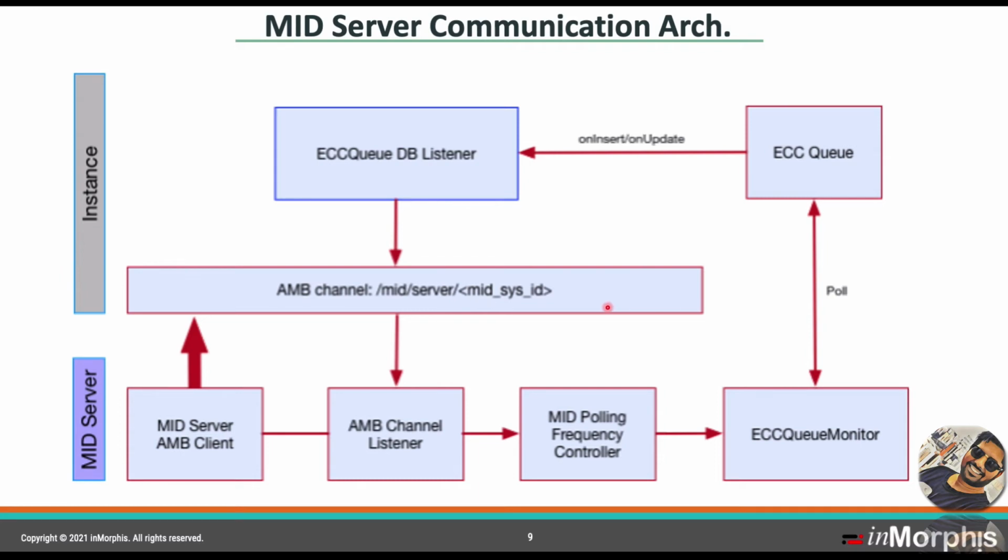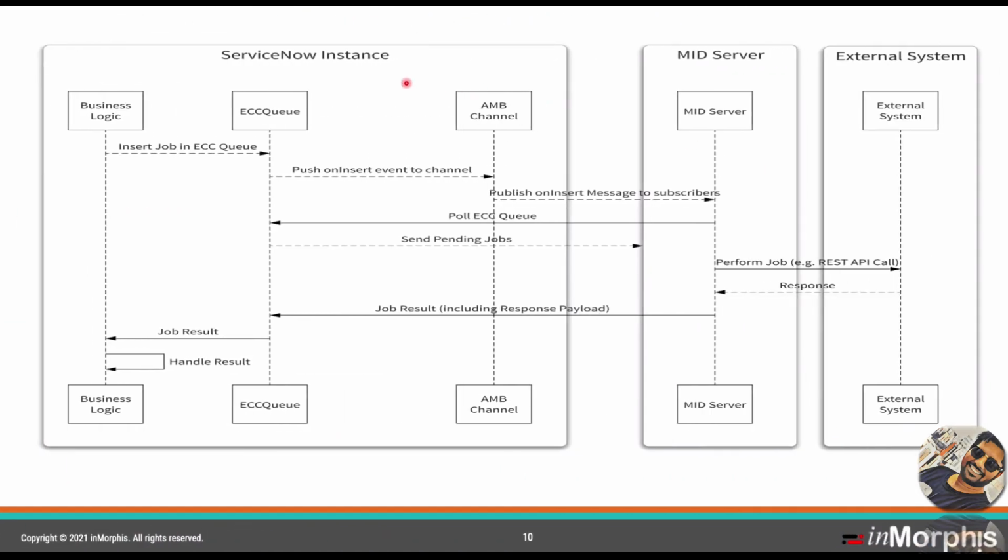This is a pretty neat and clean block diagram, but to understand it in more depth, I have a different diagram for you. Let's say this is my ServiceNow instance, this is my mid server, and this is my external system where I need to perform some job. Let's say in one of my business logic, I need to call an external system API.